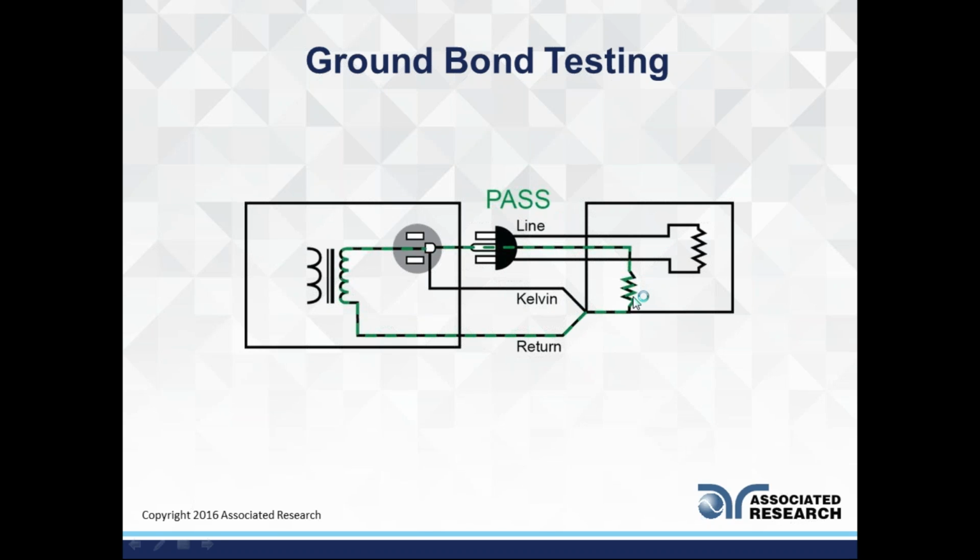This resistance will be low enough where it will not set off your high limit failures and returns back to the ground path. Now, in a fail condition, this resistance is way too high. It will set off that high limit failure, and now you know, hey, my ground path has way too much resistance. So why do we want it to not have a lot of resistance?